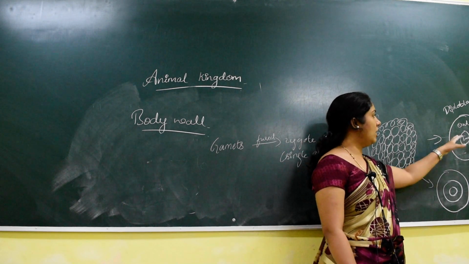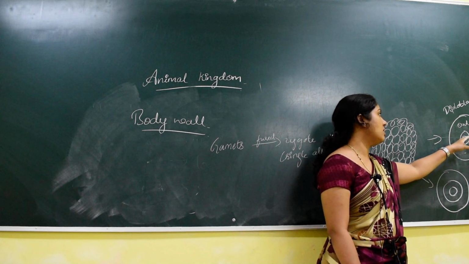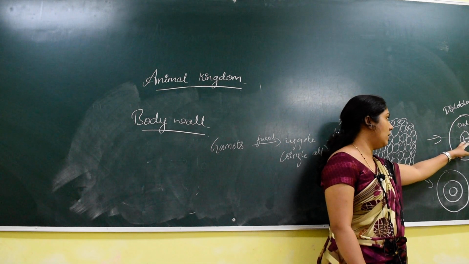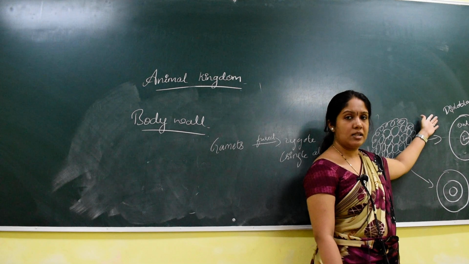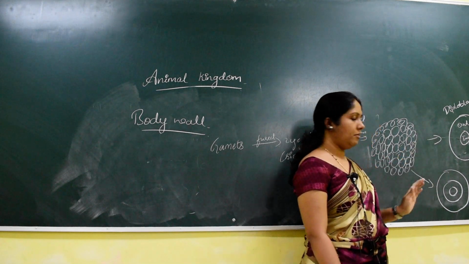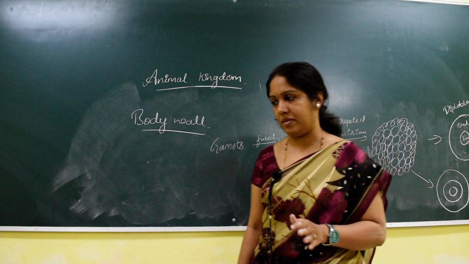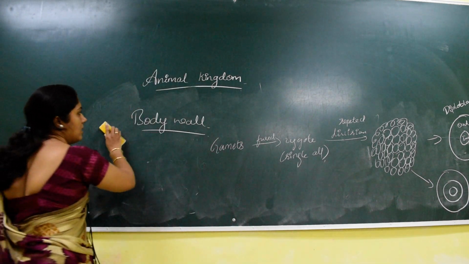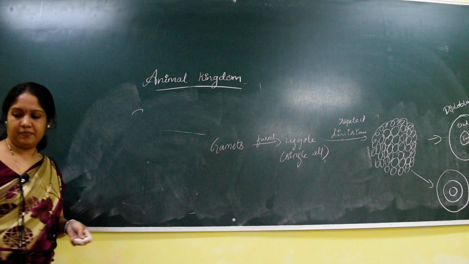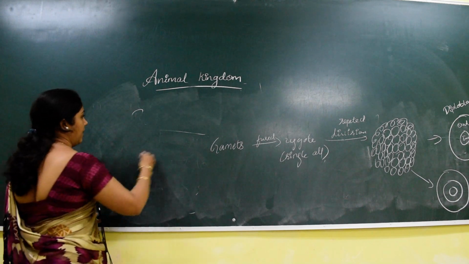If the germ layers are inner endoderm and outer ectoderm, then the organism is referred to as diploblastic. If the germ layers are three types, then it is called triploblastic. So now I'll write the diagram.